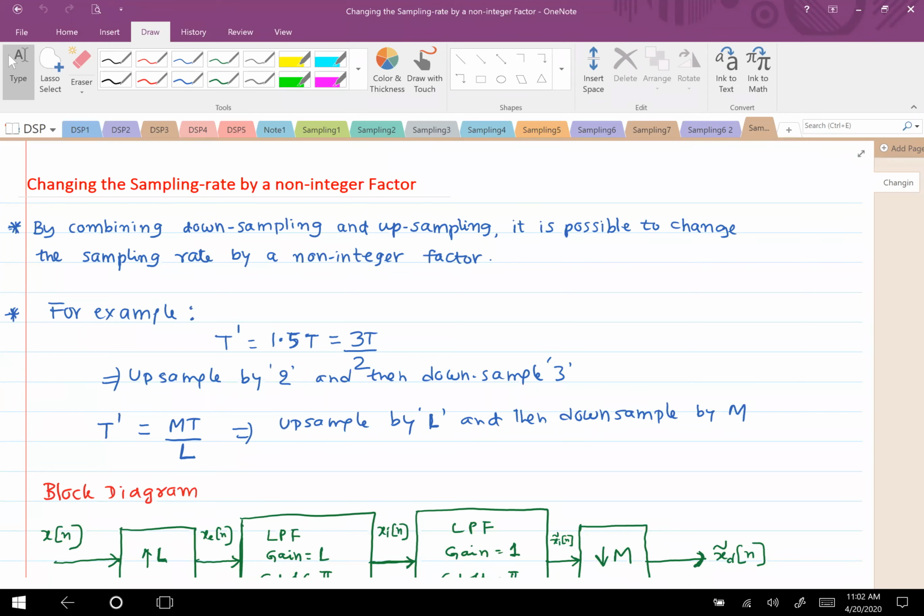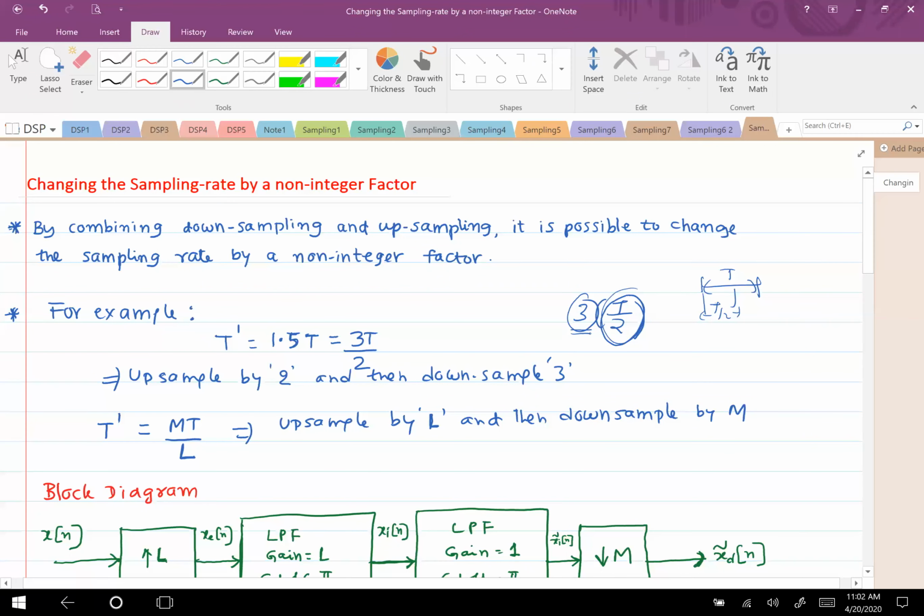Suppose I need to do it by a rational factor, for example 1.5 times, that means 3 by 2, so I could think of it as 3 times T by 2. You make the rate at which you take samples from T to T by 2, so you have double the samples, that's upsampling. And then you increase this value by 3.